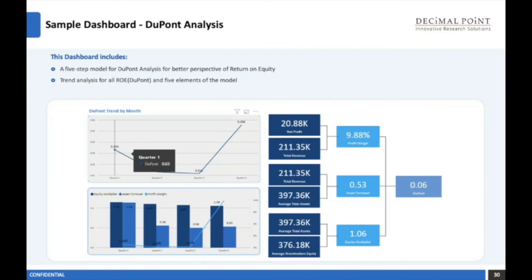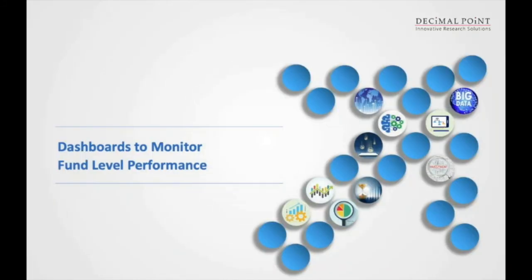So while managers want to look at individual companies and businesses, it is also useful to understand how the fund is performing at an aggregate level. And again, there are intelligent dashboards that can help us form a view on it.